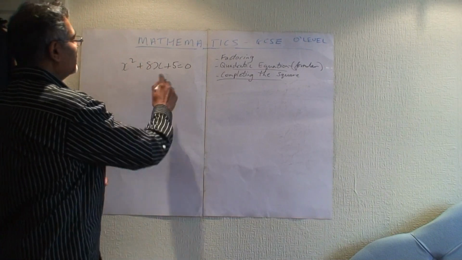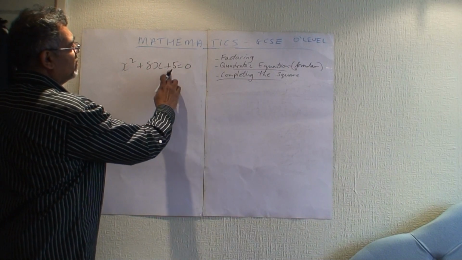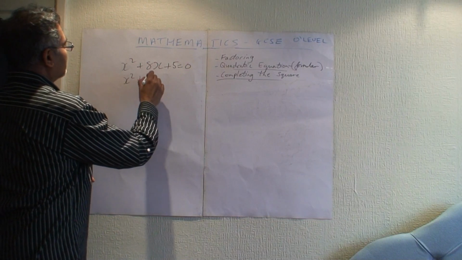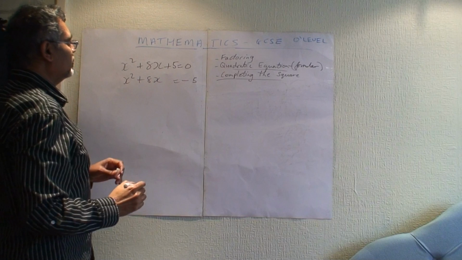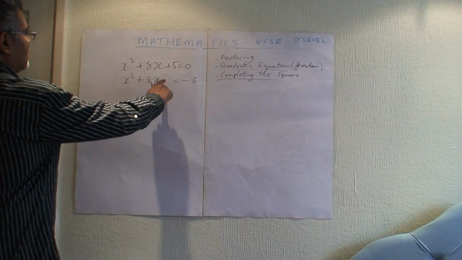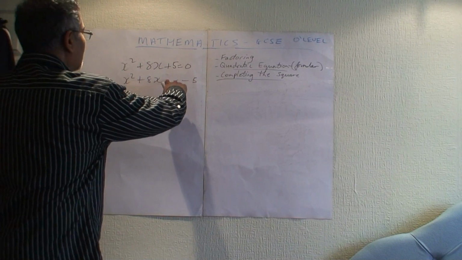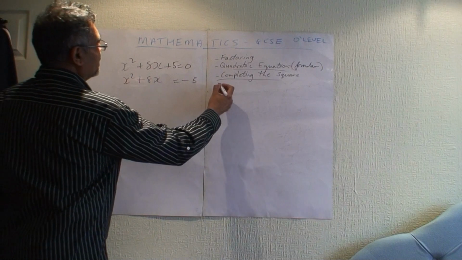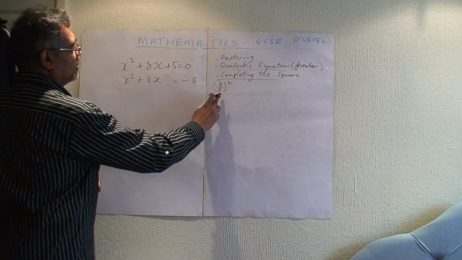So what we do first of all, we take the 5 out of this side and put it on this side; plus 5 becomes negative 5. Now we are left with a blank here, and we want to find the value here. We take this 8, divide it by 2, and square that value.